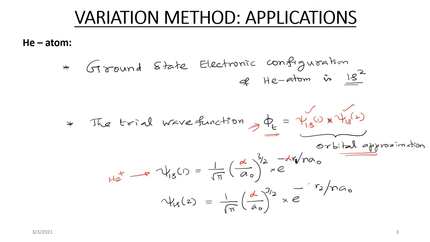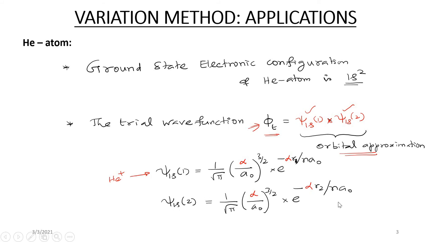Let us check whether this alpha is exactly equal to Z or if it is different. If alpha and Z are different, then we can say that the two electrons do not feel the actual charge of the nucleus. They feel only the effective nuclear charge. We will try to understand that as we go along this lecture.